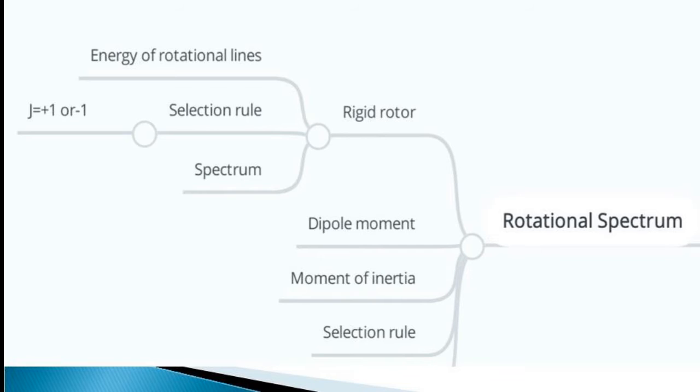Along with that, we are going to learn about the selection rules for rigid rotor molecules or for rotational spectra. In this selection rule, we are going to learn why only some transitions are allowed and others are forbidden.